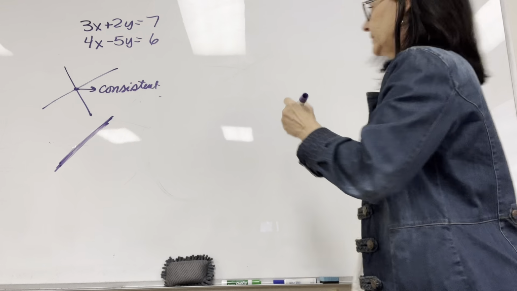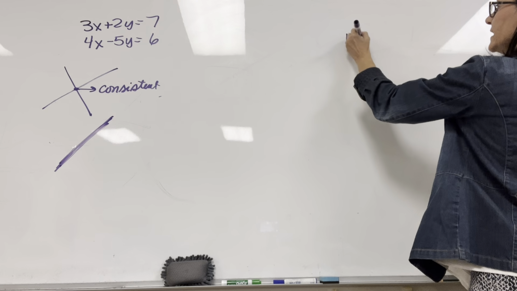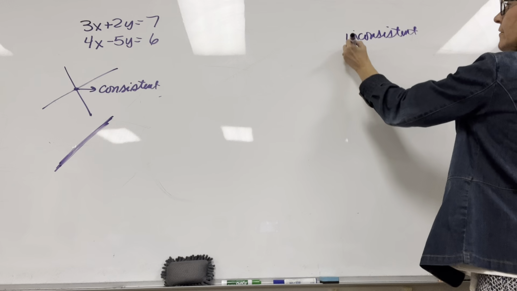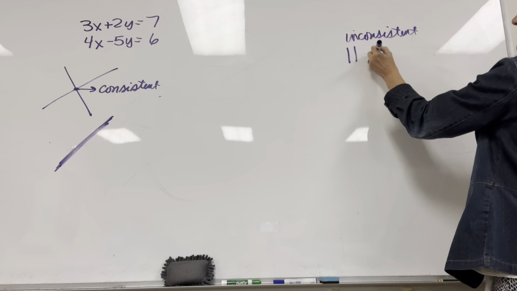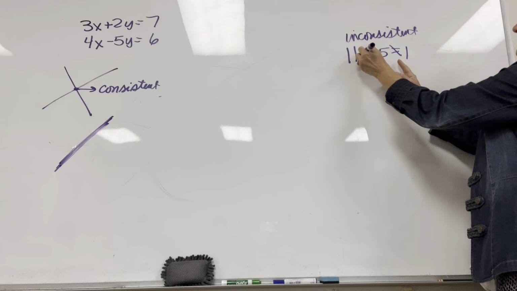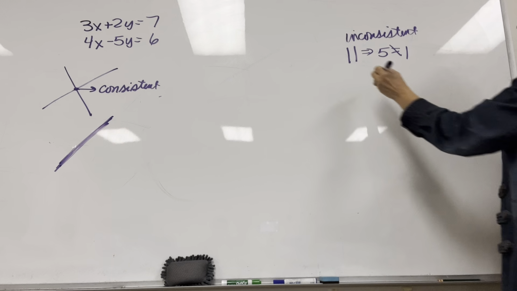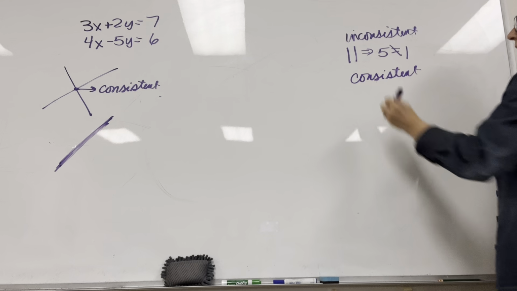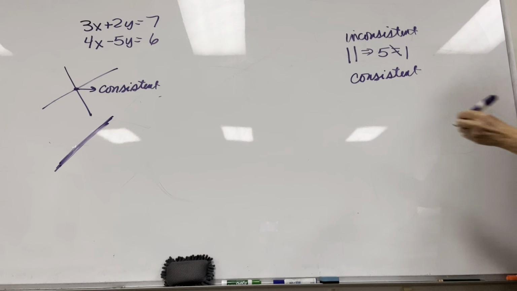All right, so let's maybe write this down. Inconsistent. What does inconsistent mean? It means they're parallel and you're going to end up with some illogical statement. The lines are parallel. Consistent is one of two things.